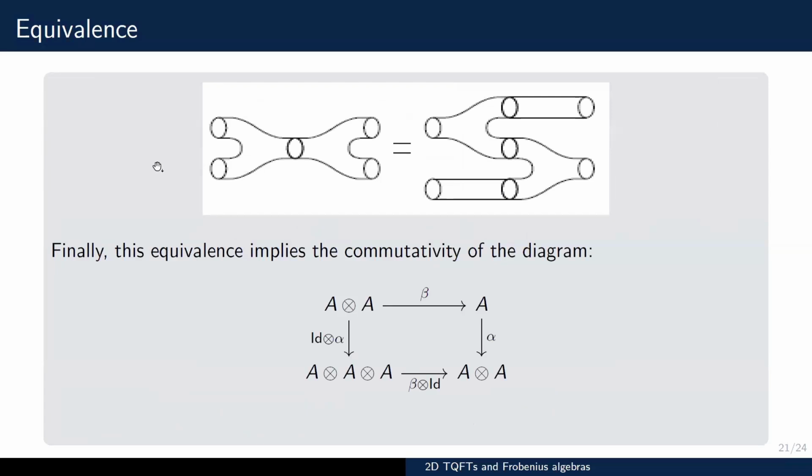Again, we can see that each side here just corresponds to taking beta and then alpha, and this corresponds to taking first alpha and then beta. So this topological equivalence gives us this, and what it ends up proving is that A, F is in fact a Frobenius algebra.